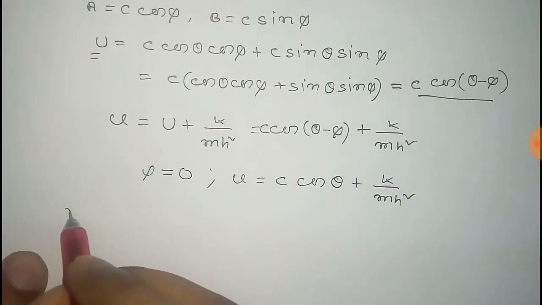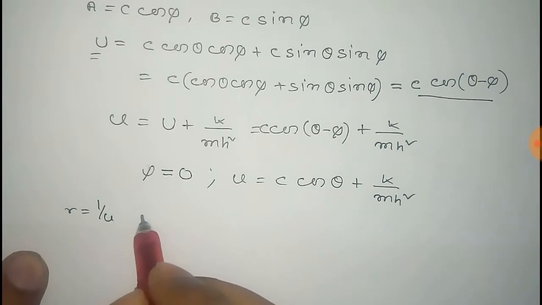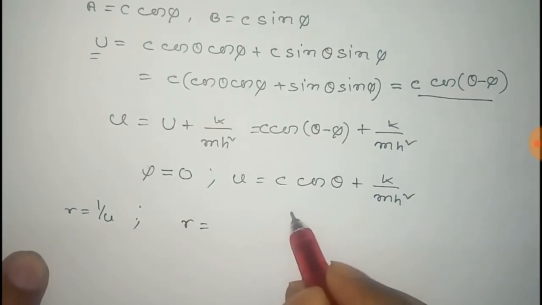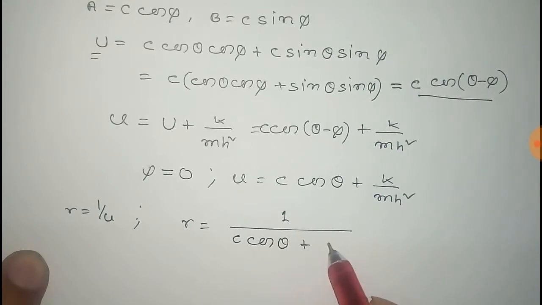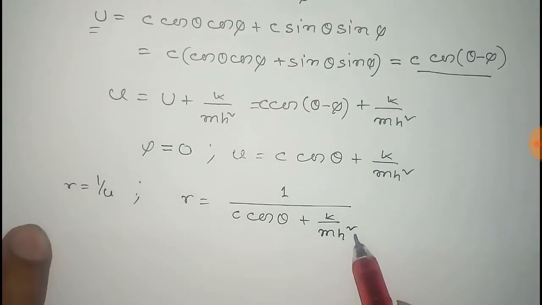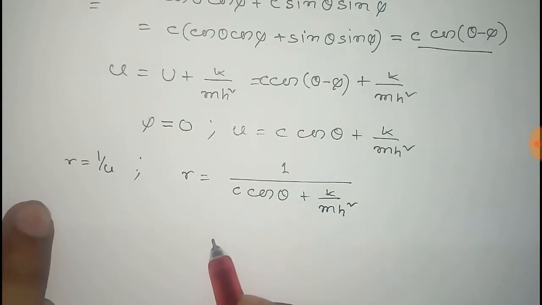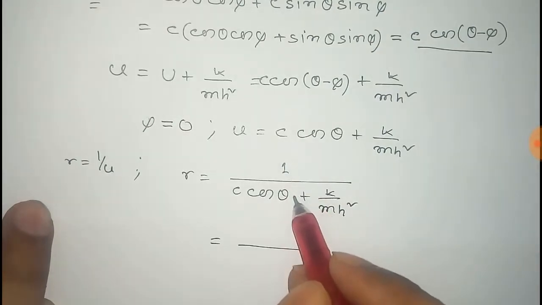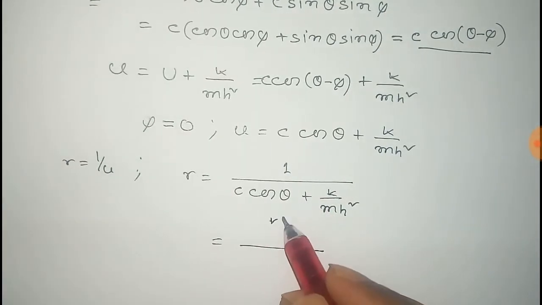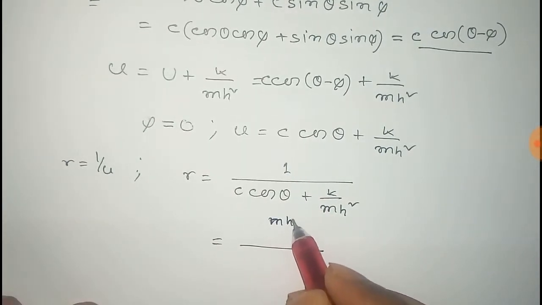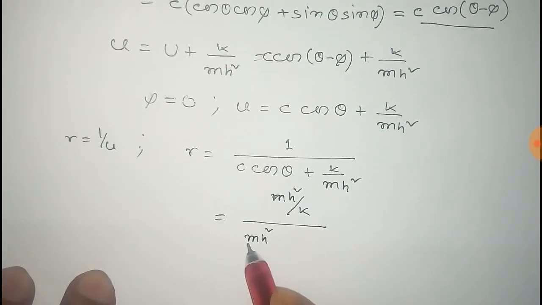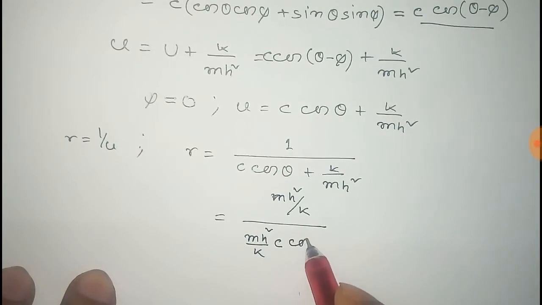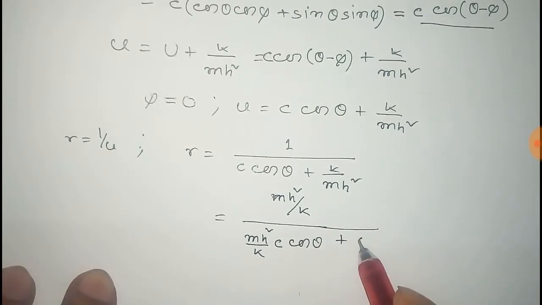Since r equals 1 by u, r equals 1 by the value of u, that is c cosine theta plus k by m h square. Now multiplying all the terms by m h square by k, we get m h square by k divided by m h square by k into c cosine theta plus 1.